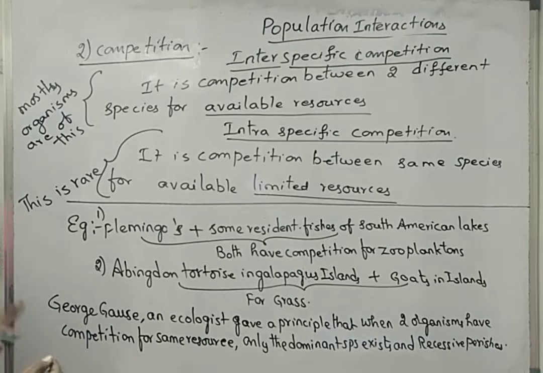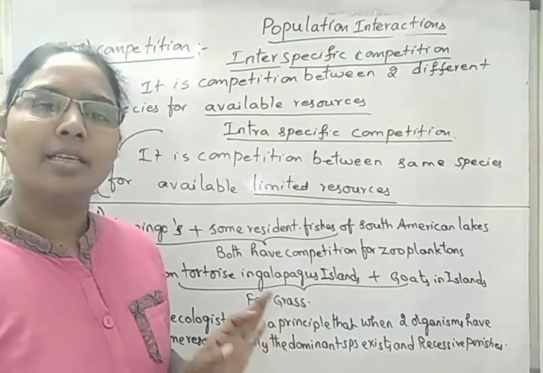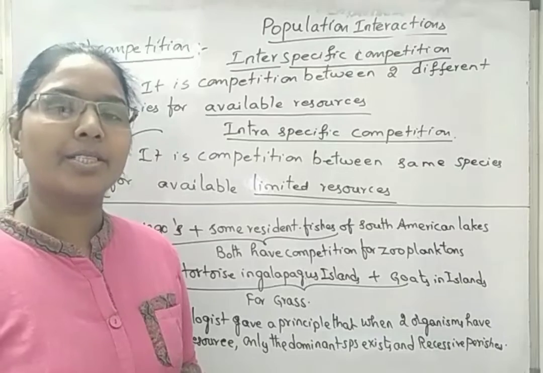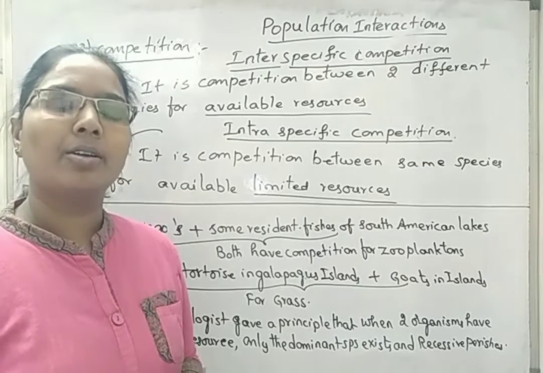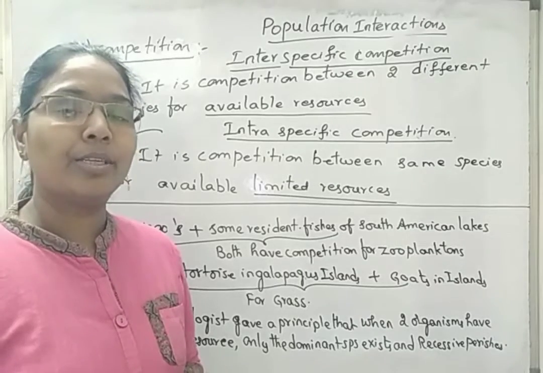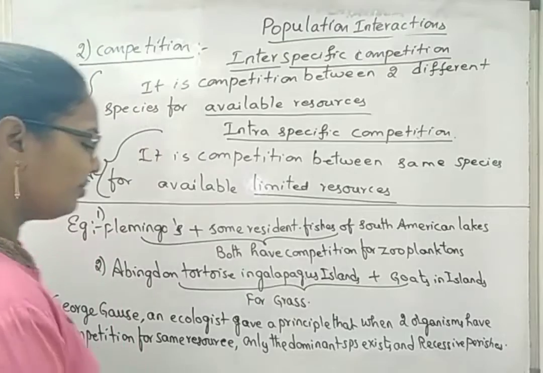But this was not accepted by later scientists. What they told is, if this happens, many of the species in the ecosystem would be extinct by now. But the organisms have developed a special feature called coexistence. Because of that only, much biodiversity still exists in the ecosystem.